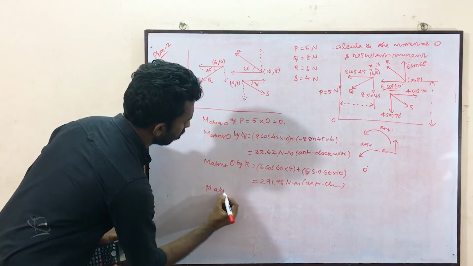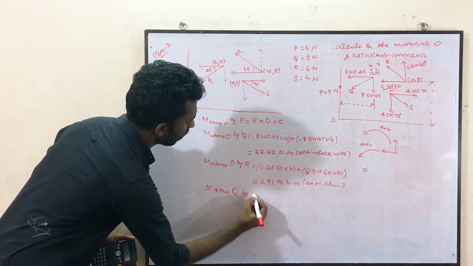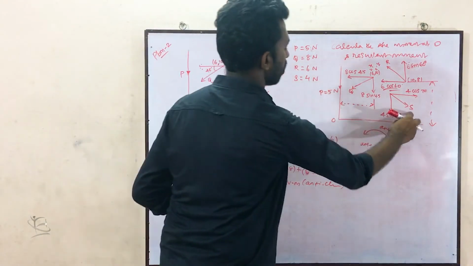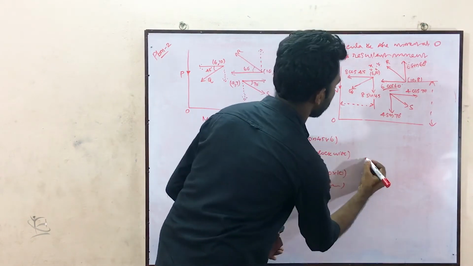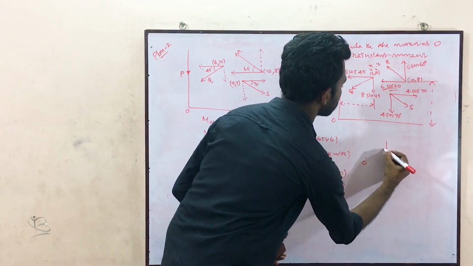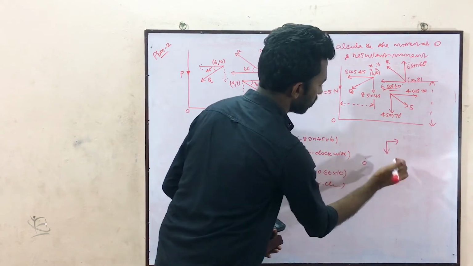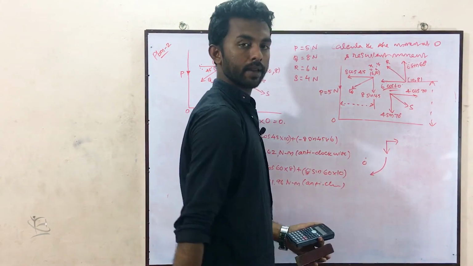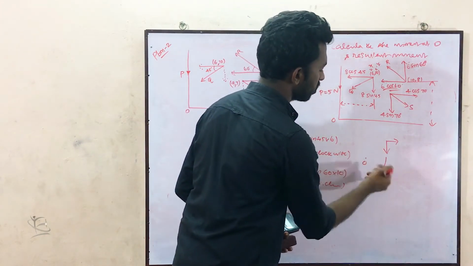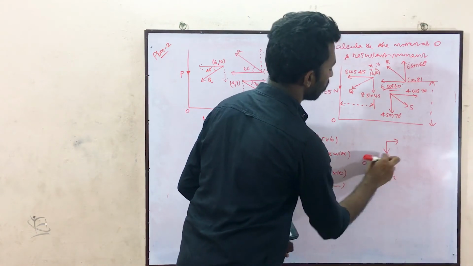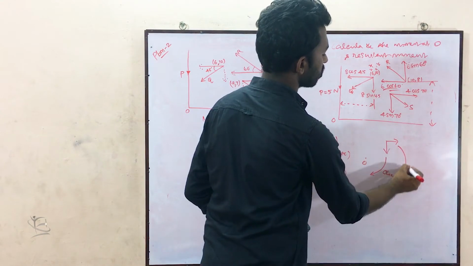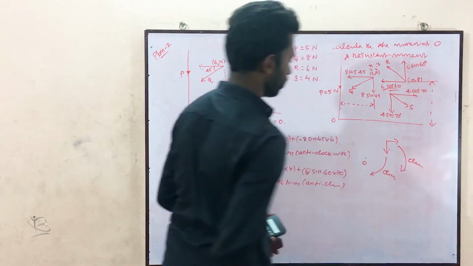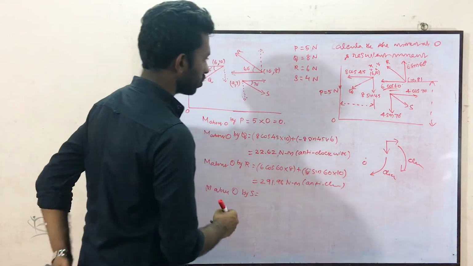Next, moment about O by S, the last force. I can draw this about the point O. This is O. Here the force is acting like this and like this, so this one creates the moment like this, clockwise. And this force acting in this direction also creates clockwise. Both are clockwise, no problem at all.